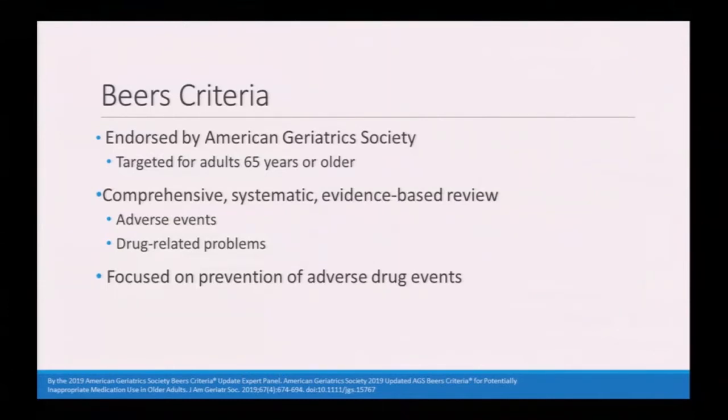And then they publish it. Overall, the language for the Beers criteria comes more from a preventative standpoint. They really talk about preventing adverse drug events before they happen, and they take a very hard and fast stance on whether or not you should avoid medications or recommending alternatives.